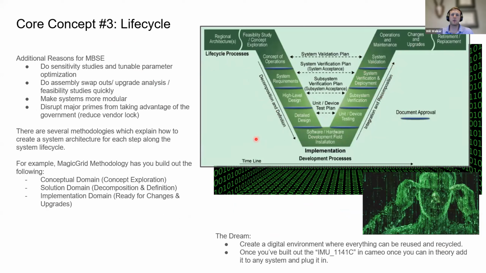And this is an iterative process. And basically, MBSE, or model-based systems engineering, makes this process much easier, and to do certain things like sensitivity studies or swap outs. It makes the systems more modular, and it disrupts major primes from taking advantage of the government. And it reduces vendor locks.